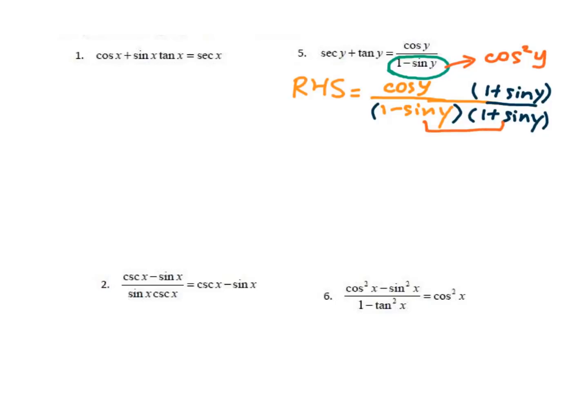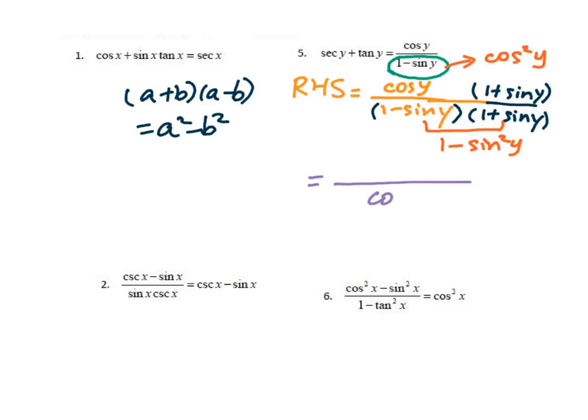So we do these two, we got the 1 minus sine square y, because a plus b times a minus b, you got a square minus b square. Therefore, we got the cosine square y.